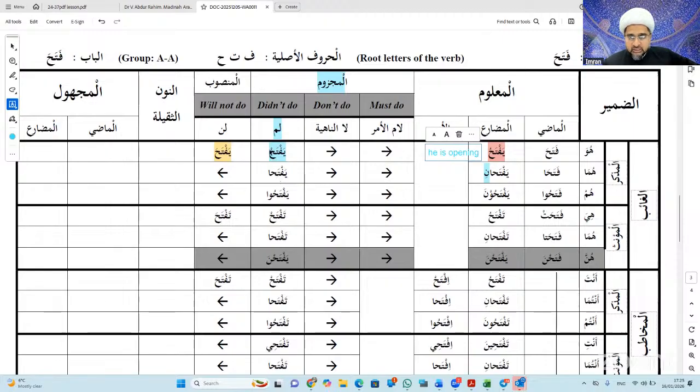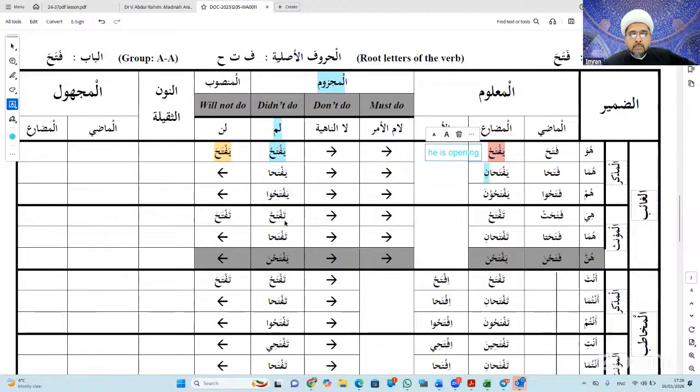So remember one thing, when lam is taking the actual sukoon here, when we go to the dual itself, the noon with the kasra at the end, like yaftahani, is also dropped. Like the command. Remember the command? Iftah in the dual is iftaha. So the same thing, the noon gets dropped when lam comes, so it becomes lam yaftaha. Then lam yaftahu.